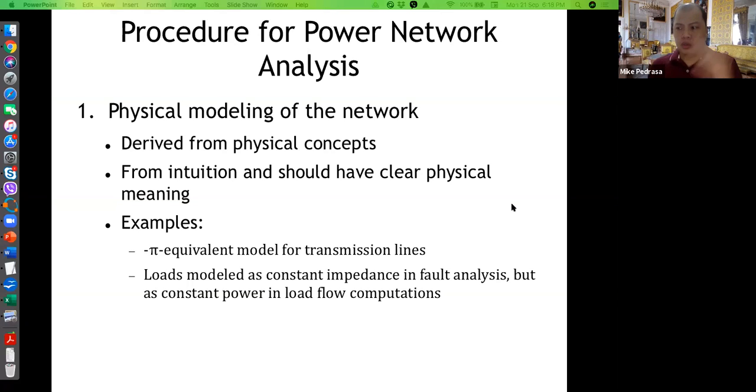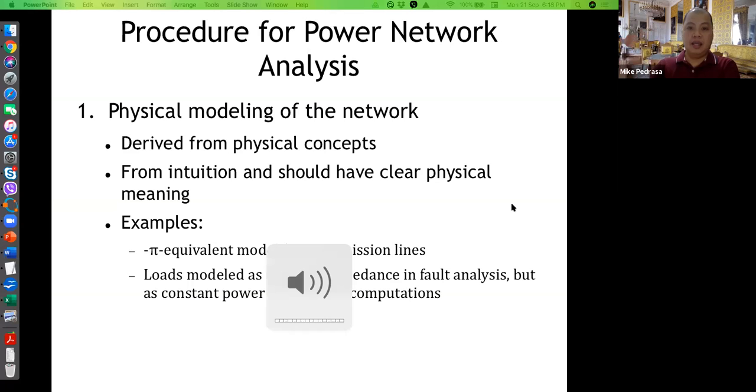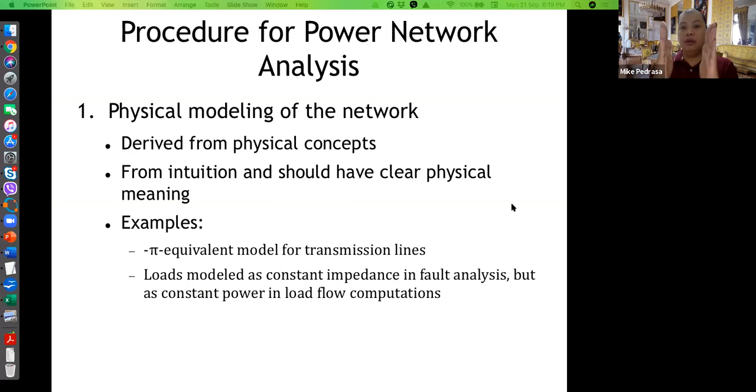So malamang ang magandang mathematical model natin is based on a pi model wherein you have a resistance and an inductance in series. That would be the series impedance of the line. And then there should be a way to represent the capacitance between the line and ground. So those are the two capacitors that we see. Kung ito yung pi, ito yung capacitor, tapos ito yung R and L.